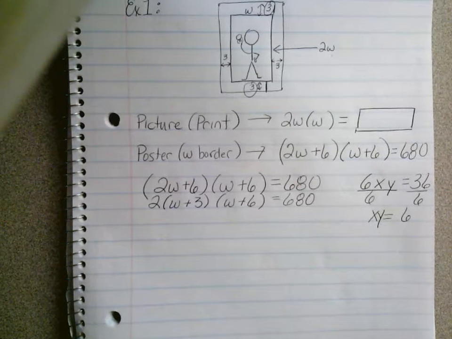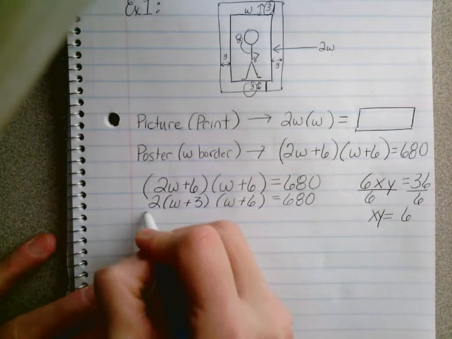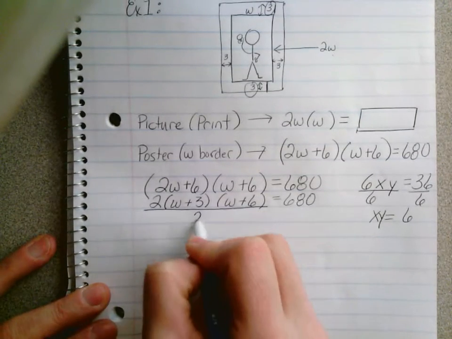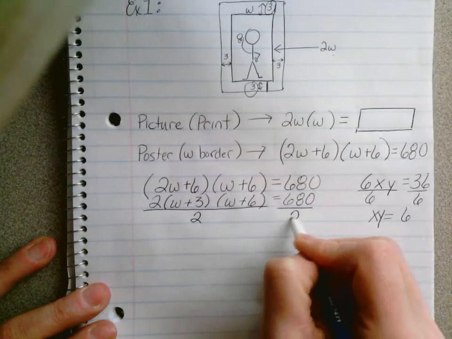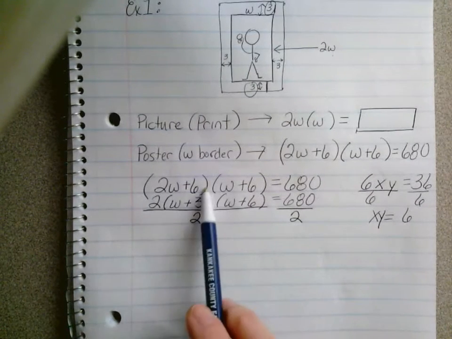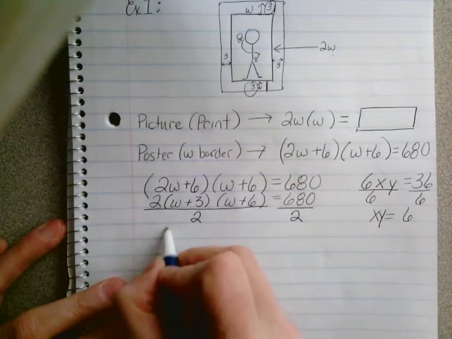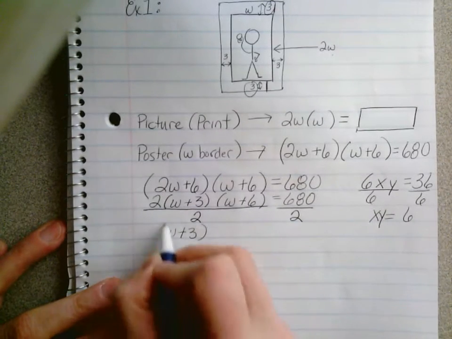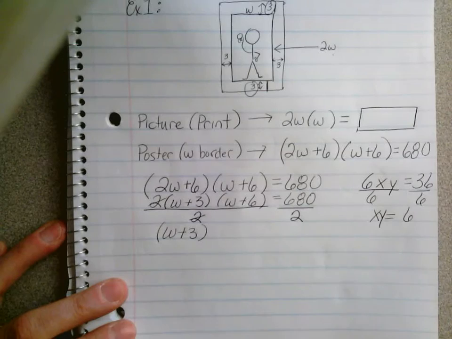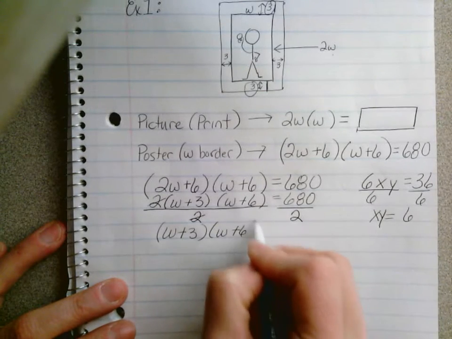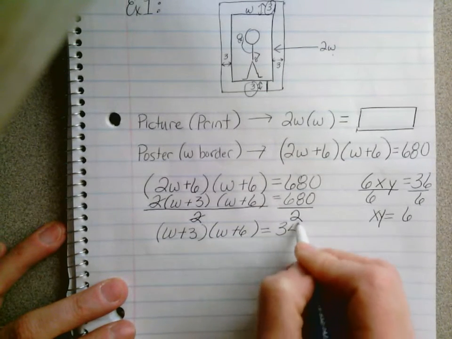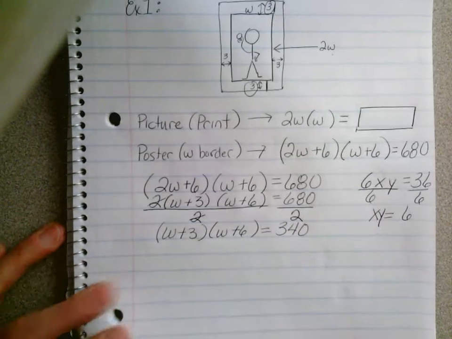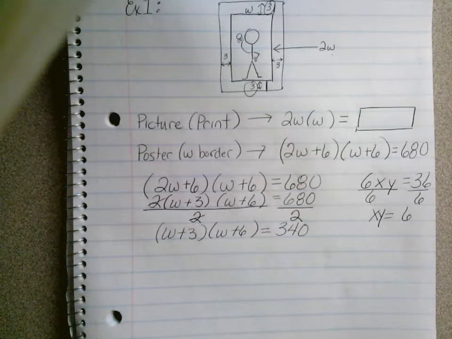We're not going to solve that further because we would have an answer of 1 and 6 or 2 and 3, negative and positive. But if you divide out this 2 from here and here, I have in effect shrunk down this equation so that it's now only W plus 3, because these 2's canceled, times W plus 6 equals half of 680, which is 340. Okay?